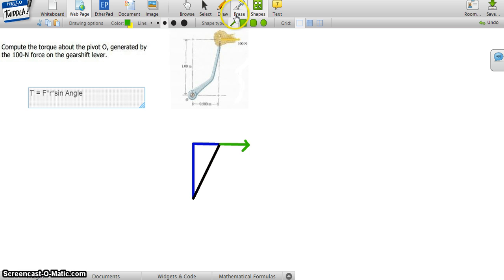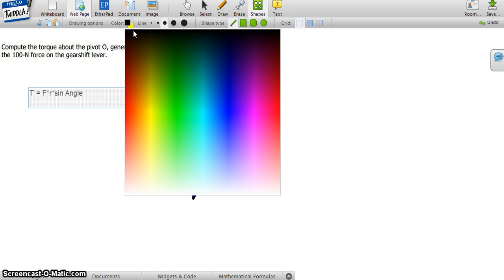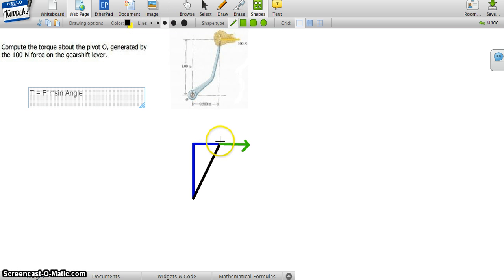Okay, so I'm going to extend this line here. The reason I'm doing that is because then this angle here would help us figure out the sine of the angle. That's kind of important.